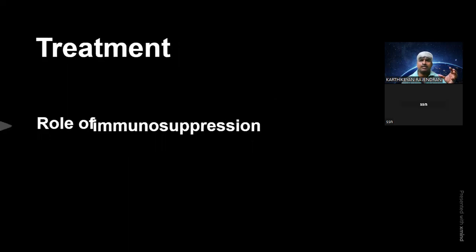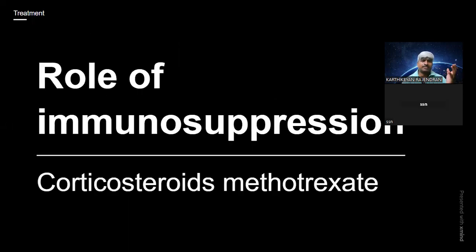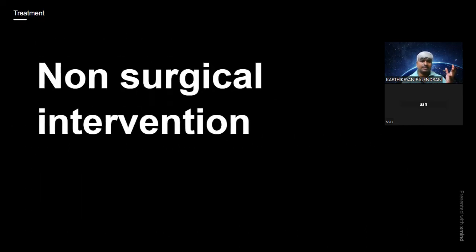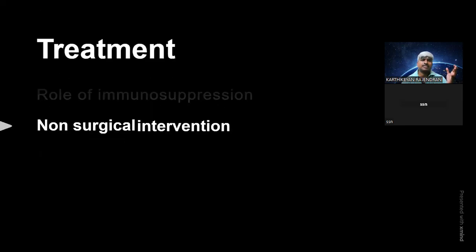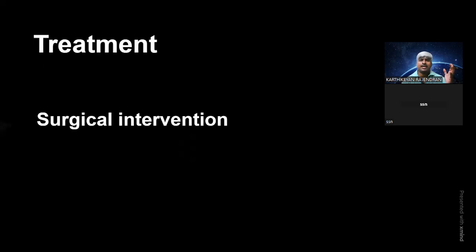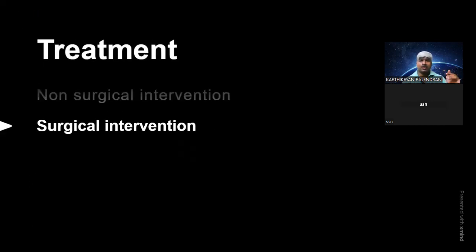Mostly ALT and flaps like LD are done. So that is the treatment available for hemifacial atrophy: immunosuppressive treatment, that is corticosteroids and methotrexate, non-surgical intervention like fillers, and surgical intervention where we have done dermal fat grafts, local flaps and free flaps.